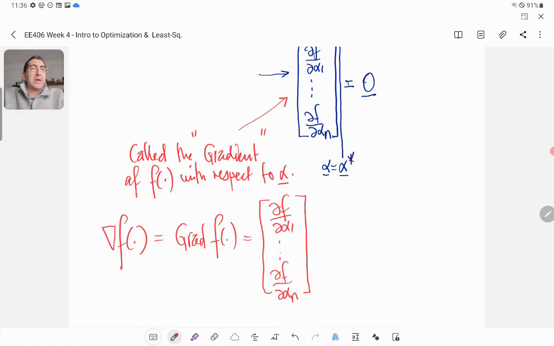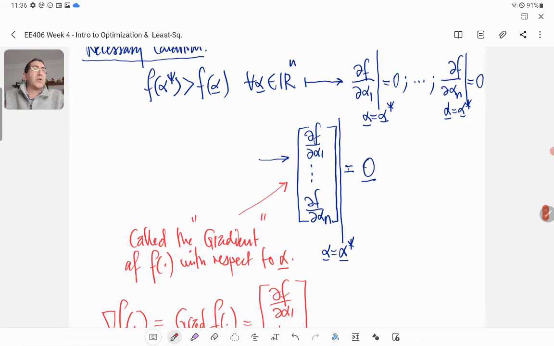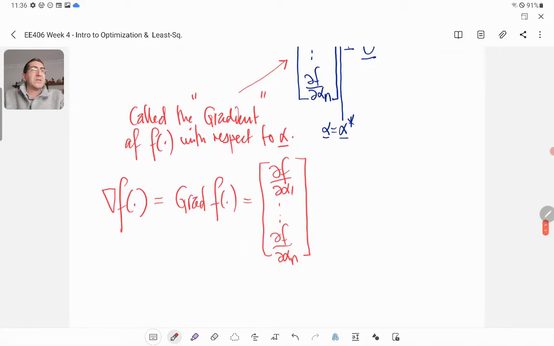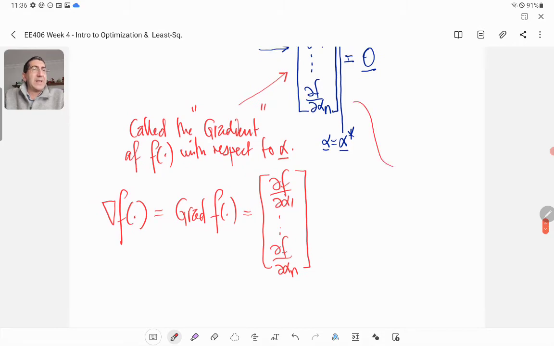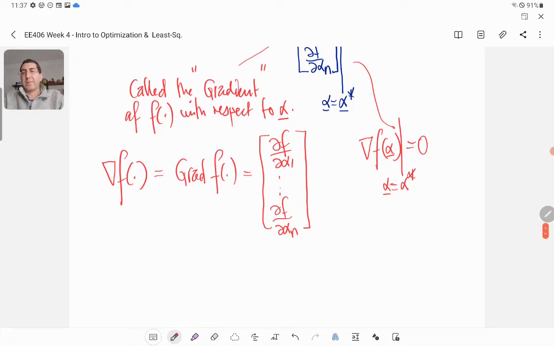Now, let's make a distinction here. The necessary condition is that the gradient evaluated at alpha equals alpha star has to be equal to 0. So this is the gradient, not its evaluated form. Okay? So we can take this and say grad f of alpha evaluated at alpha equals alpha star has to be equal to 0. Okay?